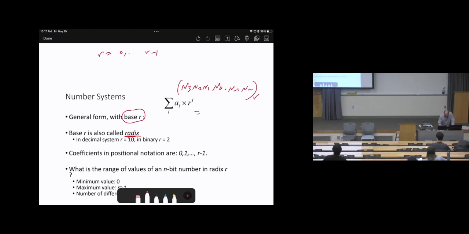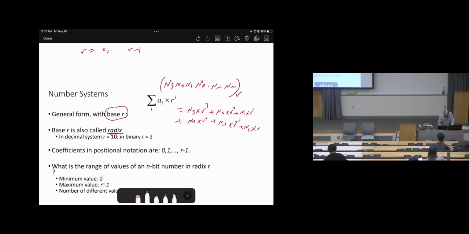It will be n3 times r power 3 plus n2 times r power 2 plus n1 times r power 1 plus n0 times r power 0 plus n negative 1 times r power negative 1 plus n negative 2 times r power negative 2.